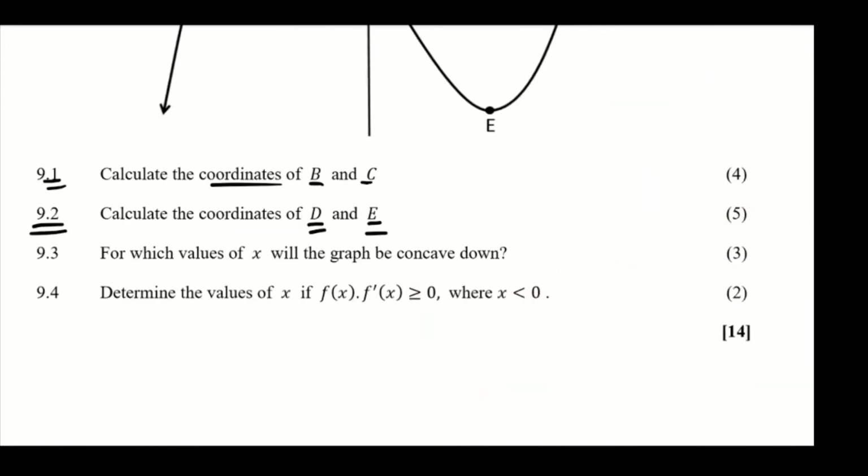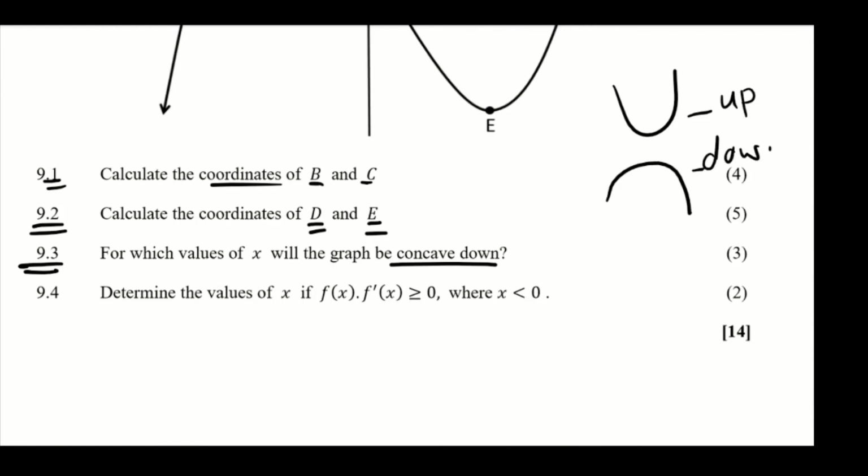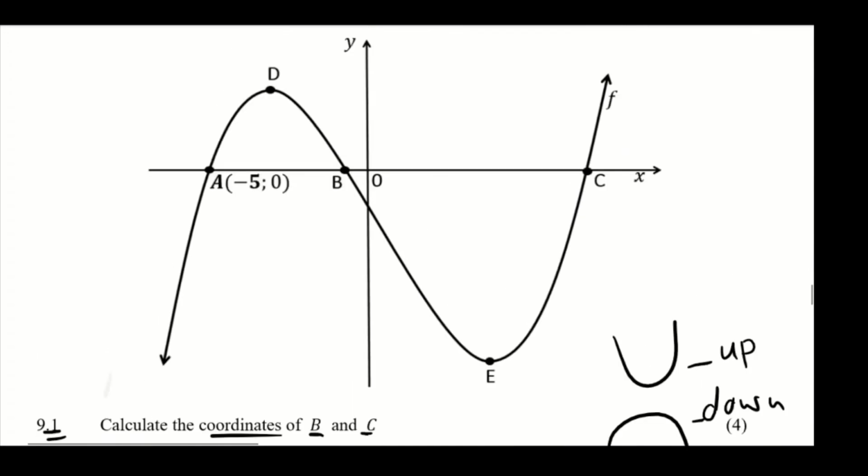So we're going to do 9.3. 9.3 says, for which values of x will the graph be concave down? When you talk of concave down, this is concave up, this is concave down. We need to note the value of x when the function does that.